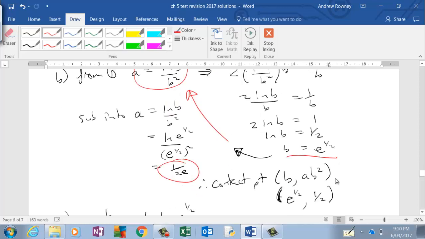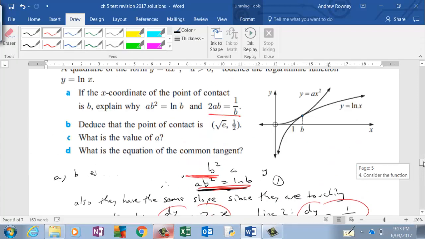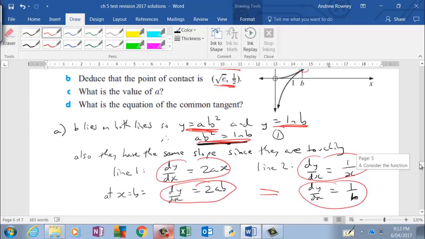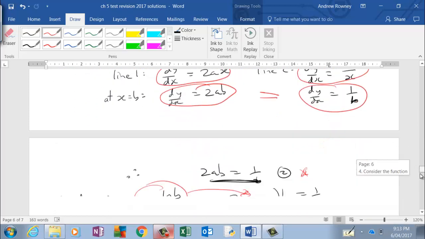So the contact point therefore is b, ab squared, because up the top here, at that point x is b and the y is going to be ab squared, so it's b, ab squared. That's listed here, y equals ab squared.